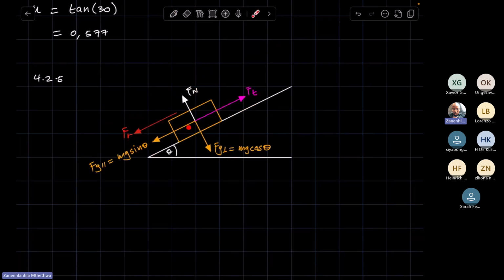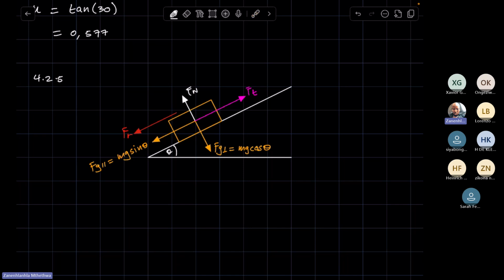So remember, if this is moving up the incline at constant velocity, it means the conditions of equilibrium are satisfied here, seeing that there is no acceleration. No acceleration means the vector sum is equal to 0. F net is equal to 0. If F net is equal to 0, it means forces going in this direction are equal to forces going in that direction.